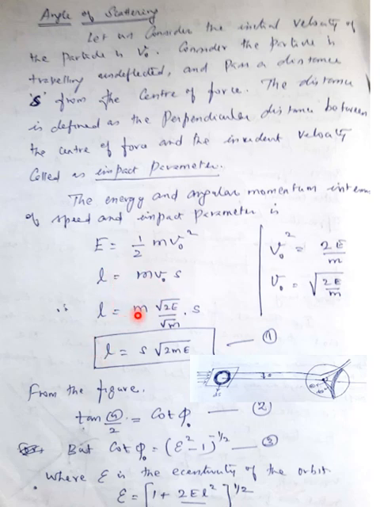We may calculate the shape of the orbit if epsilon is greater than 1, less than 1, or equal to 0, whether it is an elliptical orbit, a circular orbit or a parabola. The value of eccentricity explains the structure of the orbit. Since it is not in your syllabus, I just used this formula.